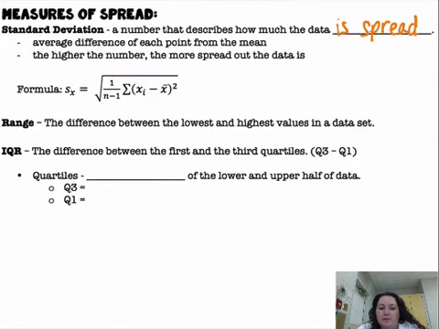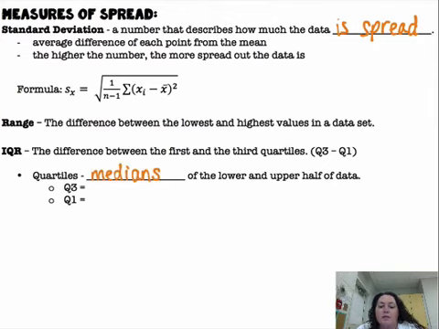The formula is S sub x equals the square root of 1 over n minus 1 times the summation of x sub i minus x bar quantity squared. The range is the difference between the lowest and the highest values in the data set. And the interquartile range is the difference between the first and the third quartiles, so Q3 minus Q1.